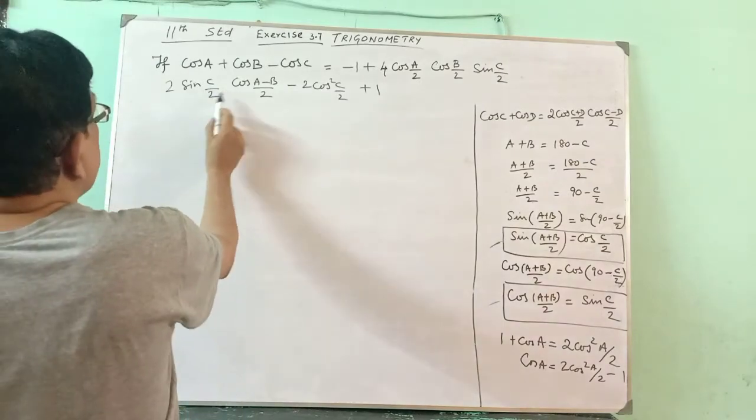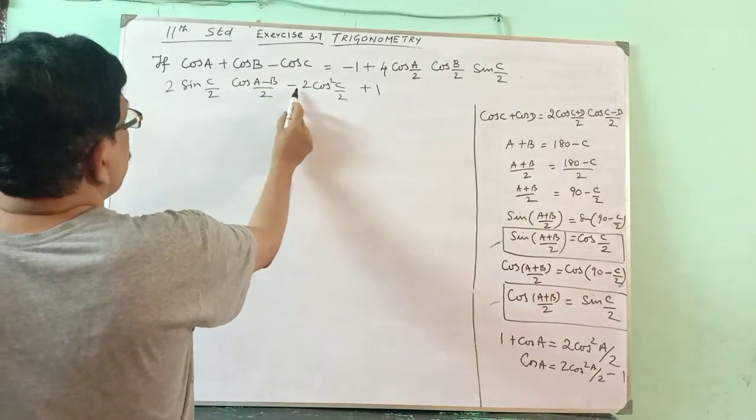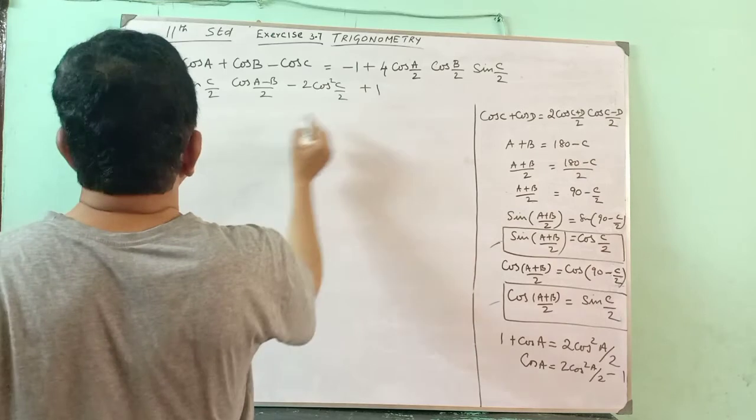2 sin c/2 cos (a−b)/2 minus 2 cos² c/2 plus 1.